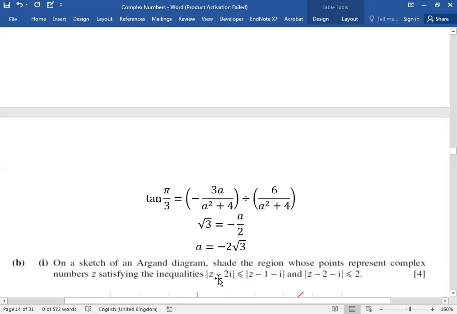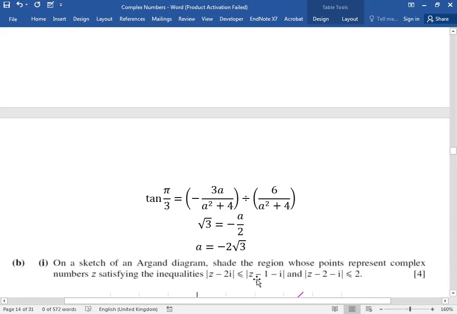So now what is the first one trying to tell me? The distance of z from 2 iota is lesser than or equal to the distance of z from 1 plus iota.